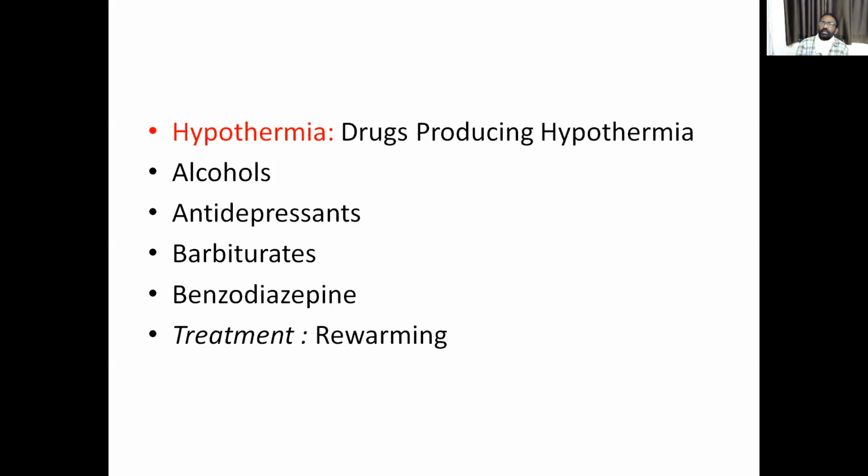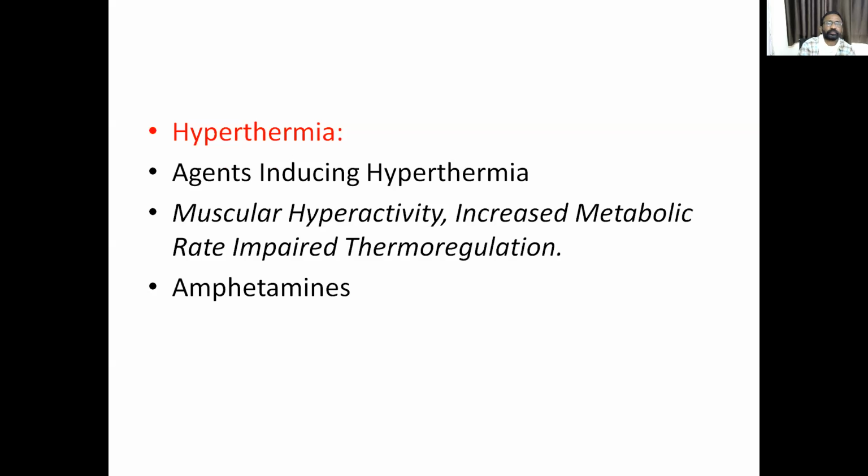Check whether he has hypothermia, hyperthermia or any other condition, whether he is agitated or in a state of respiratory depression. If the patient presents with hypothermia, some drugs produce it, like alcohol and antidepressants, and you should treat the patient.